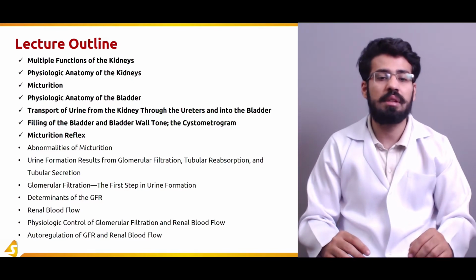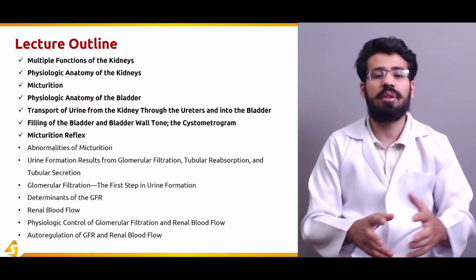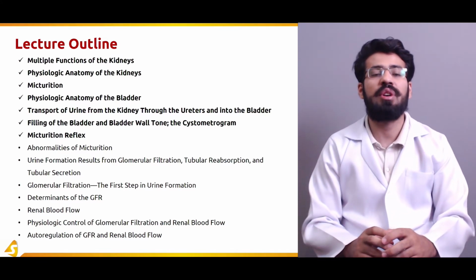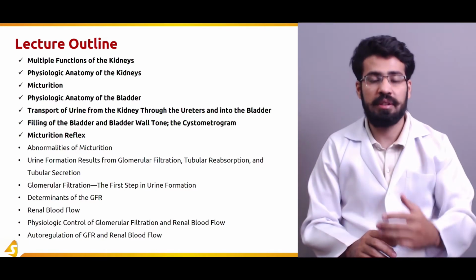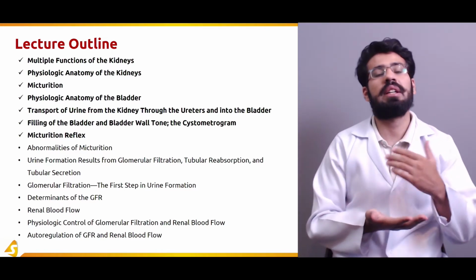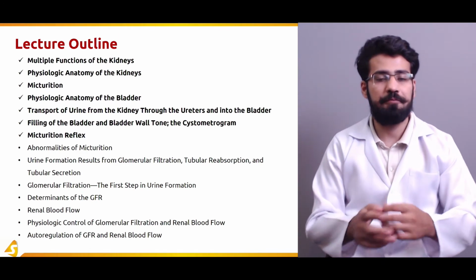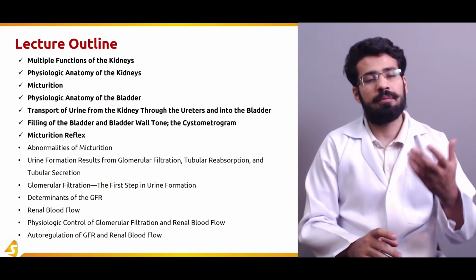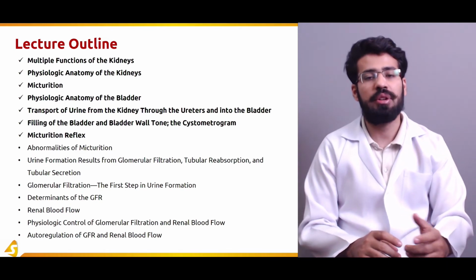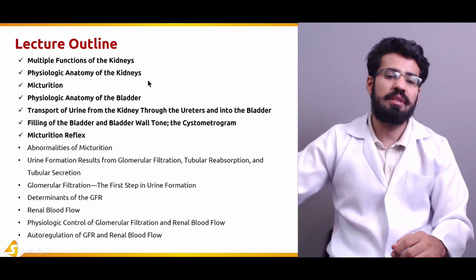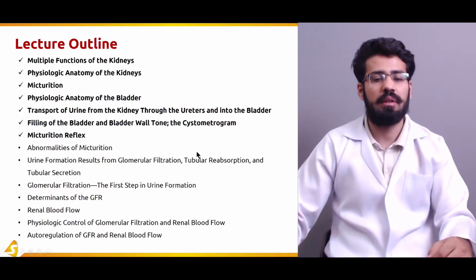We have also discussed how the transport of urine occurs from the nephron towards the minor calyx, towards the major calyx, towards the ureter, and from the ureter moving towards the bladder, and from the bladder to the urethra. We have discussed the micturition reflexes as well.